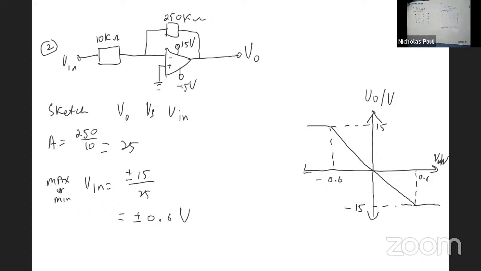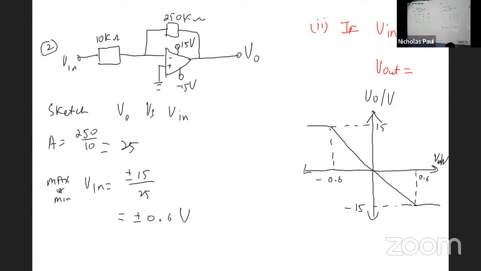Quick question. What will happen if the V in value is 0.7 volts? What will the V out value be? If the V in value is now 0.7 volts, you can see it on your graph.